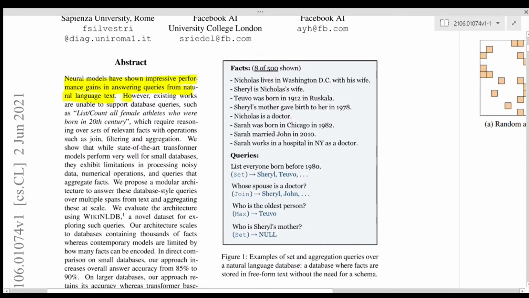However, existing works are unable to support database queries such as list, count of female athletes who were born in the 20th century, which requires reasoning over sets of relevant facts with operations such as join, filtering, and aggregation.